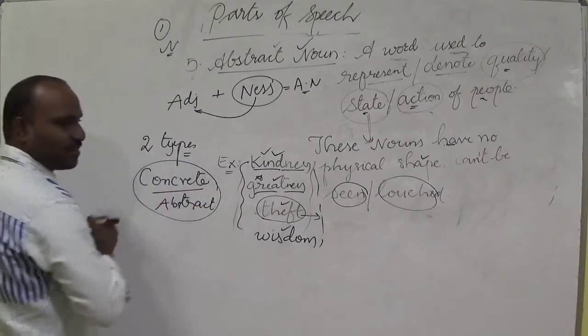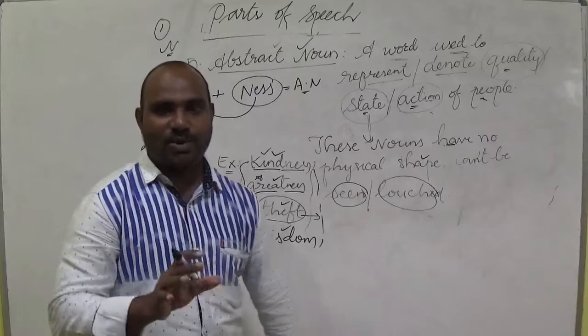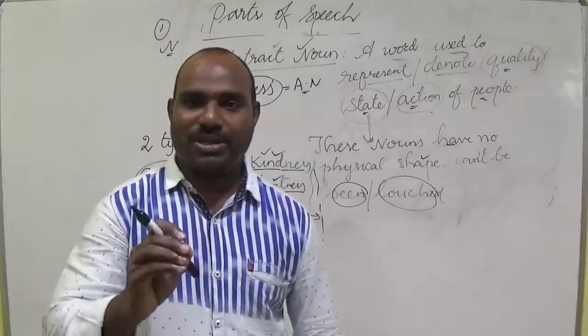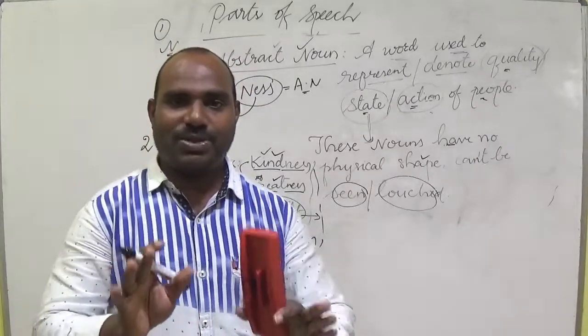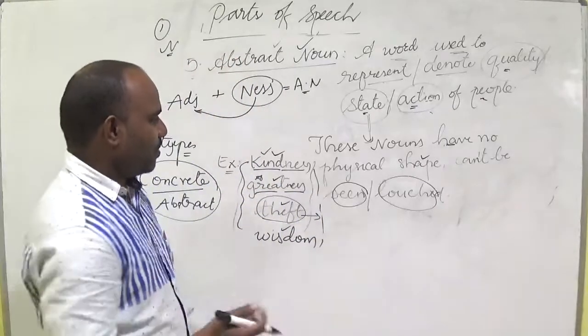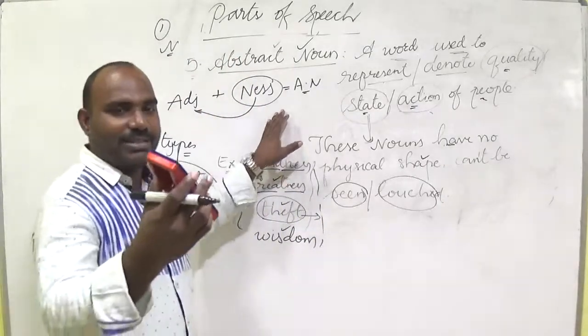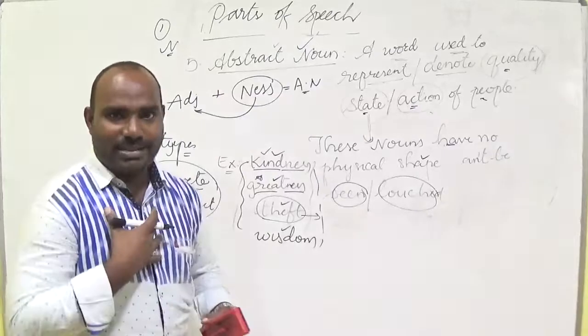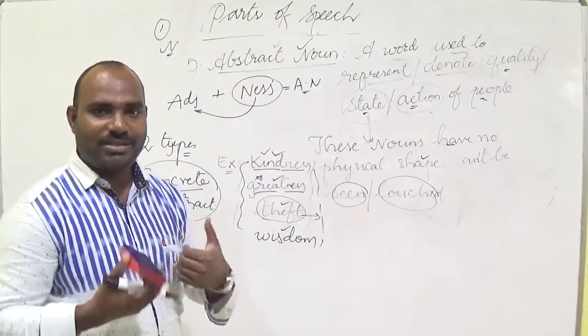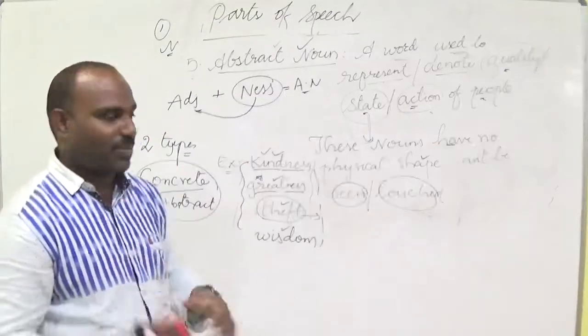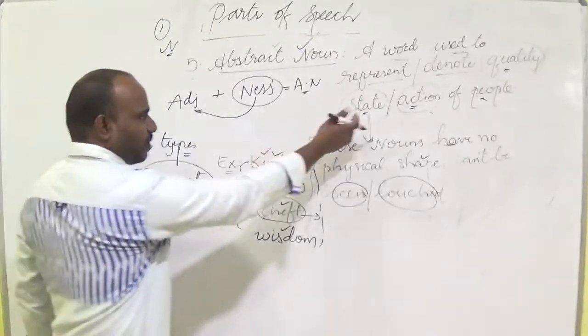Concrete nouns can be seen and touched and have physical shape, for example this board, this duster, this marker, myself. And abstract nouns are what we have discussed now.